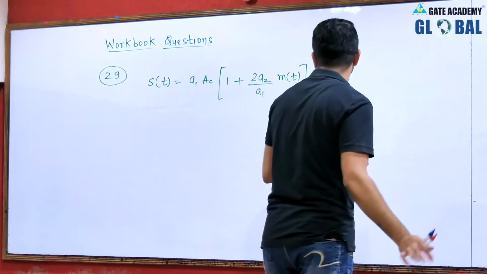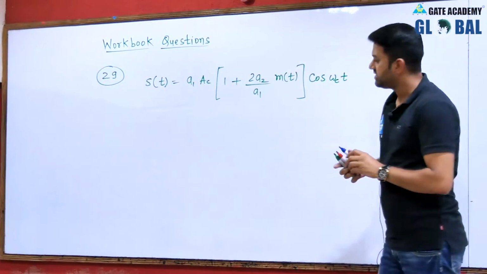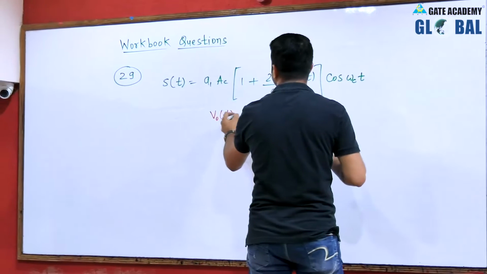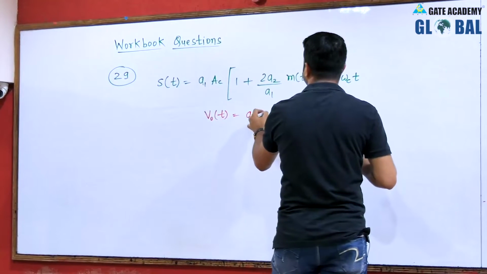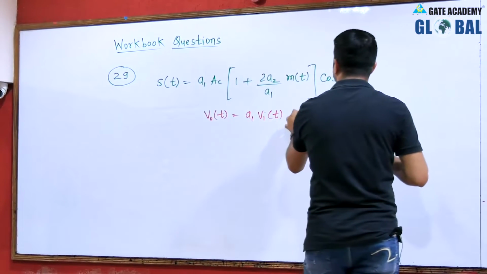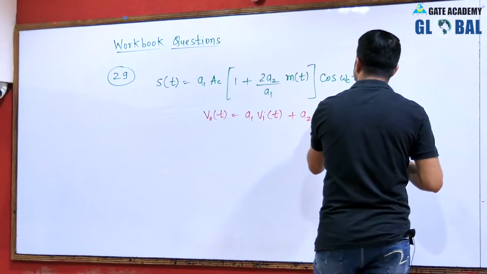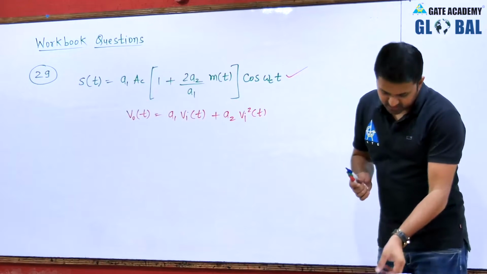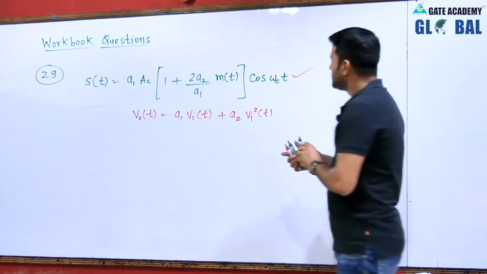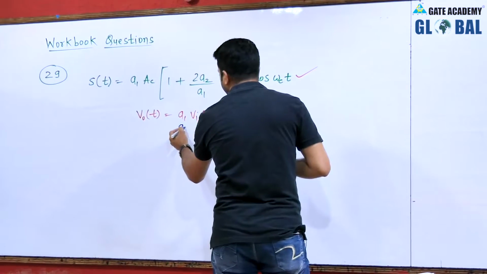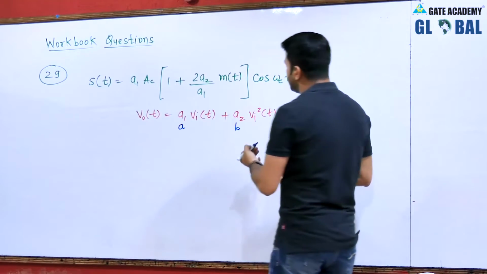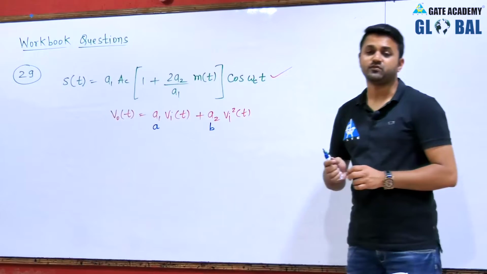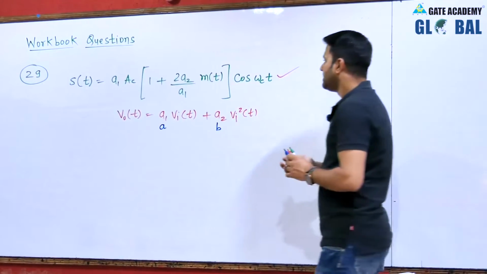So this is the case, but when we consider the characteristics v0(t) = A1 vi(t) + A2 vi^2(t), then we get this result. Here this is A and this is B, so A2 is B and A1 is A, and we have to calculate the ratio of A to B.